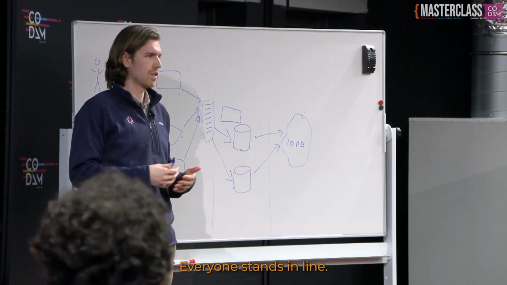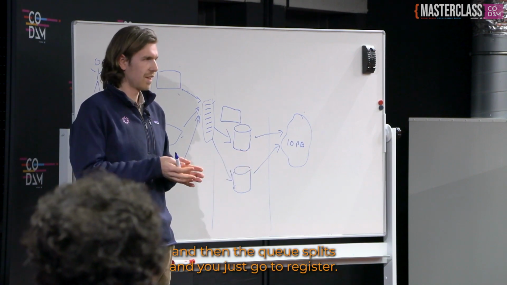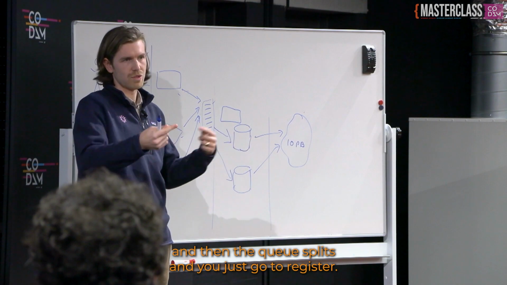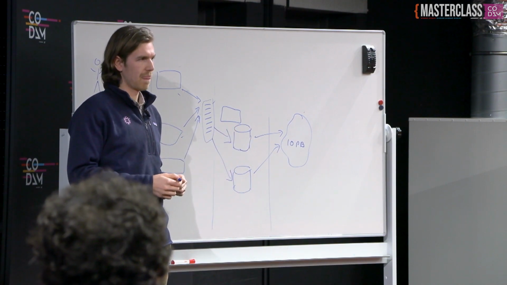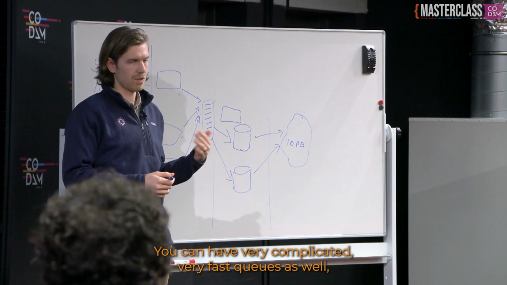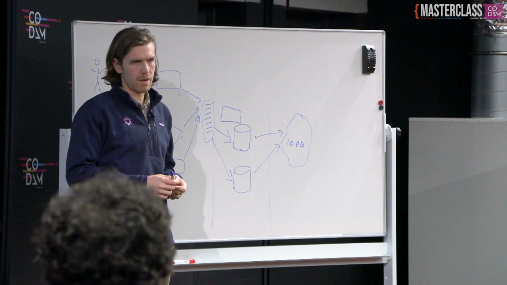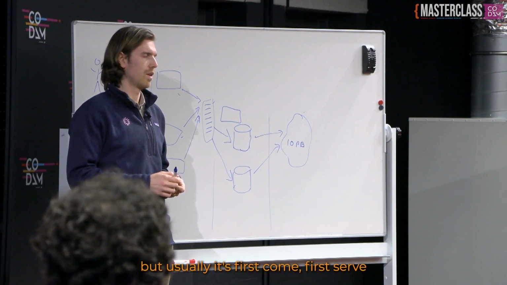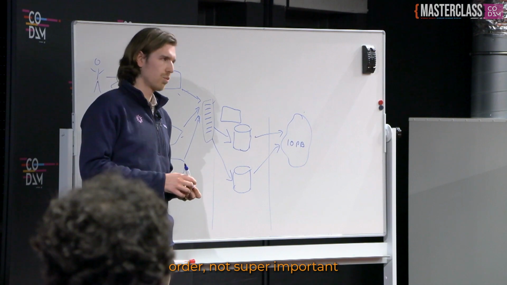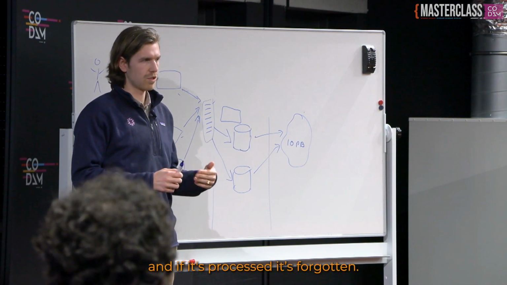Everyone stands in line. You might have a lot of registers, and then the queue splits, and you go to the register, you're helped, and then you're out of the queue. That's a very simple way to think about it. You can have very complicated, very fast queues as well. But usually it's first come, first served, order not super important, and if it's processed, it's forgotten.